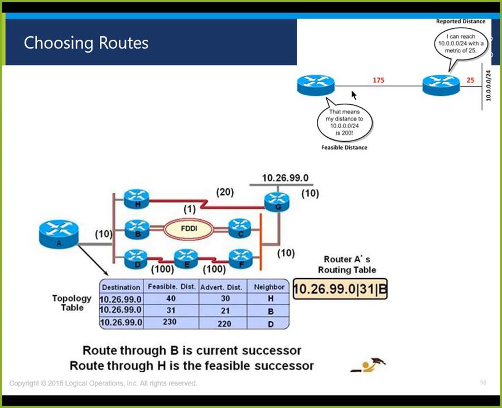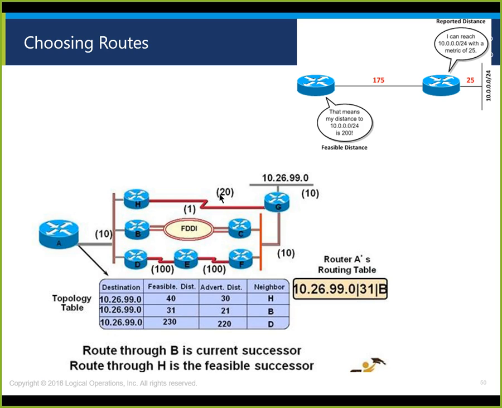Here we have this one, where I can reach 10.0 whatever, this network, with a metric of 25, and then it was 175 bandwidth and delay here. This means that my distance is 200. So this guy tells us what its cost is. We add the cost from us to the next hop in order to get our costs.